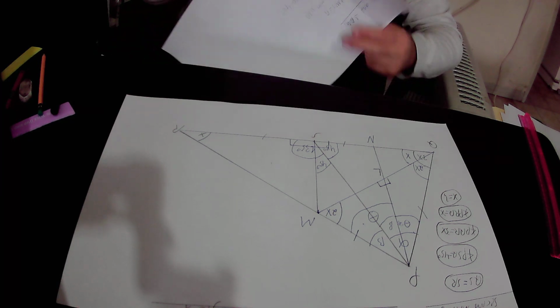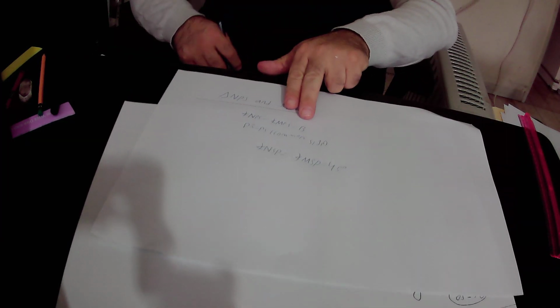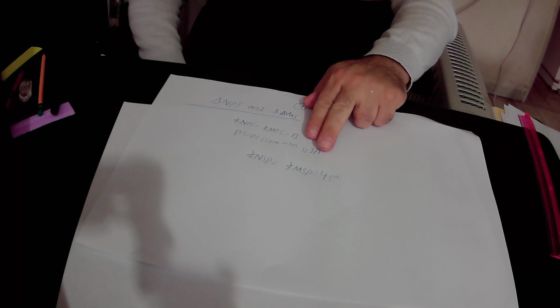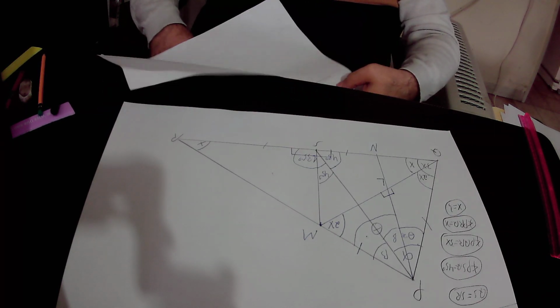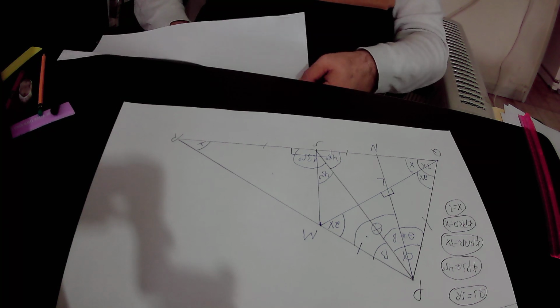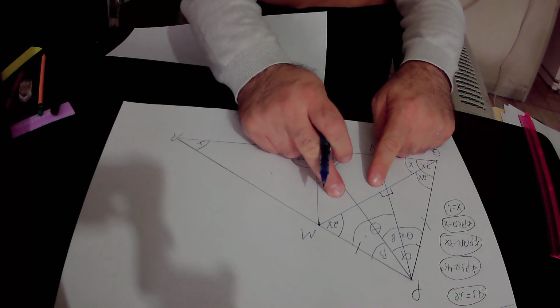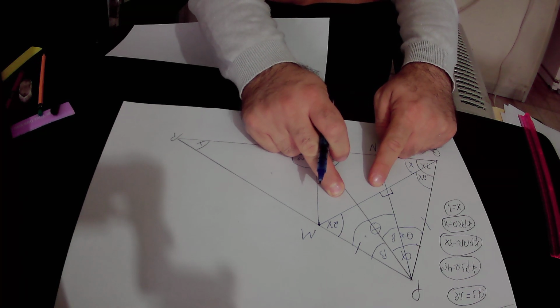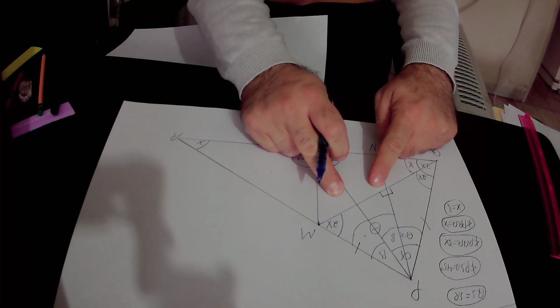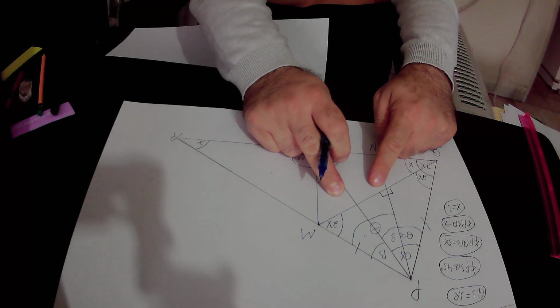Again, angle NSP equals angle MSP equals 45 degrees. So we actually found out that those two triangles can go into each other according to the angle side angle rule.